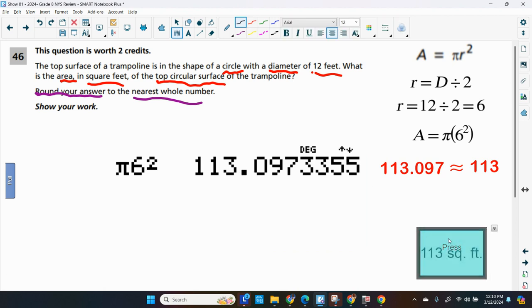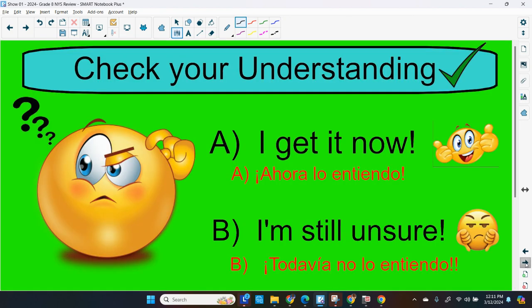And that's our answer to this, 113 square feet. Man, a lot of work for 2 points. So I hope you're understanding what's going on. And if you're not sure, take some time and write down your questions on the video.